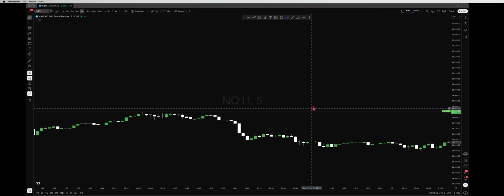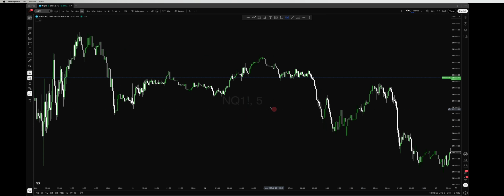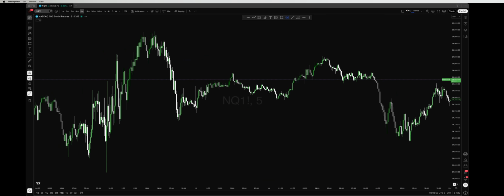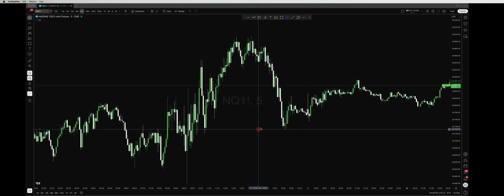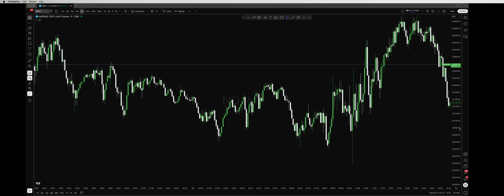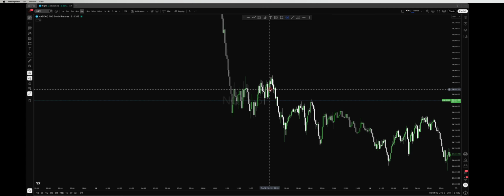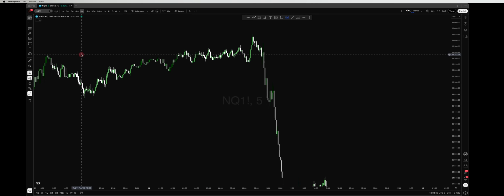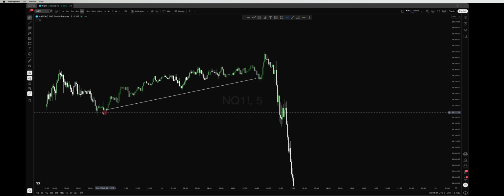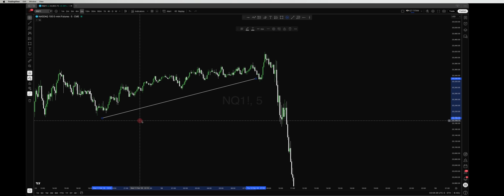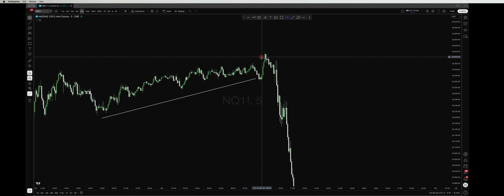Let's go to the lower time frame. You see these? This is LRLR. So when you see LRLR, you will be waiting for a manipulation, because this is accumulation, right?